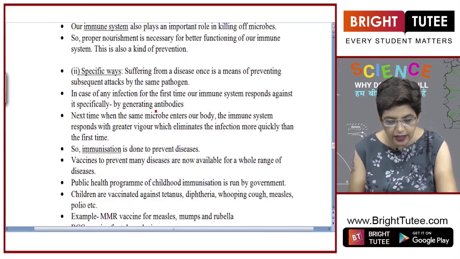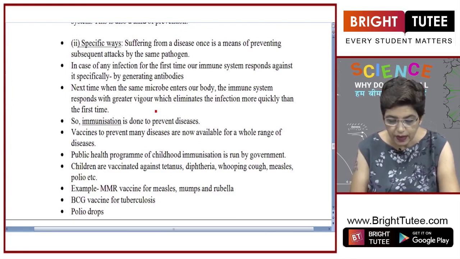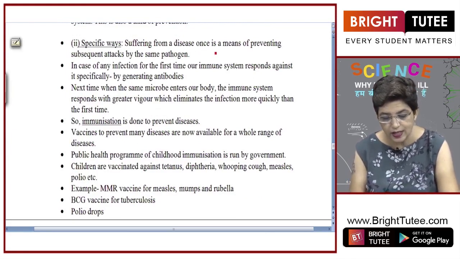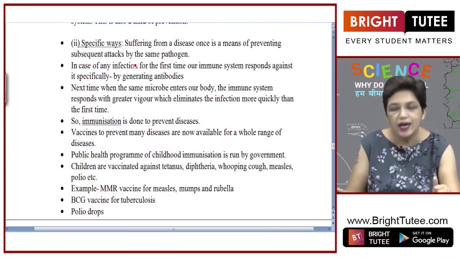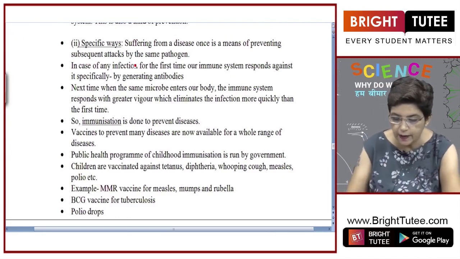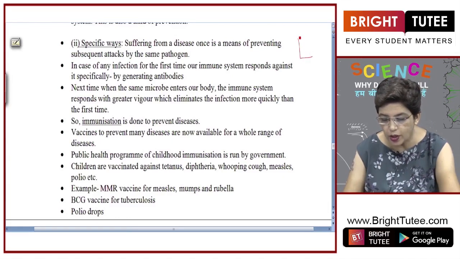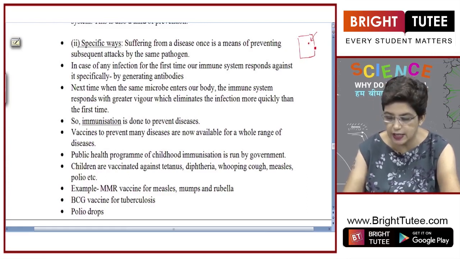The next category is the specific way. Suffering from a disease once is a means of preventing subsequent attack by some pathogens. I'll explain this in detail. Suppose this is the body of an organism, and there is some foreign toxic germ which causes diseases.